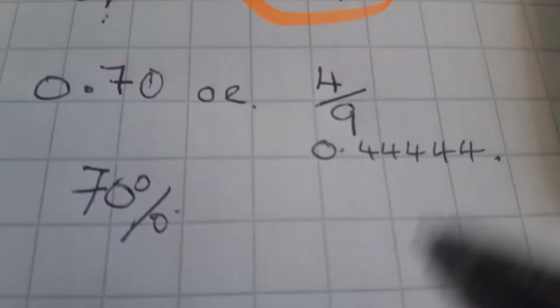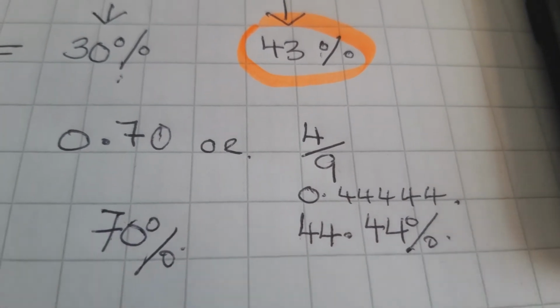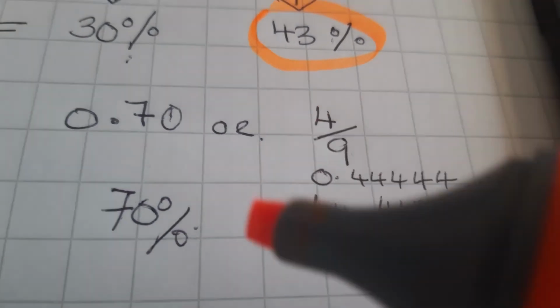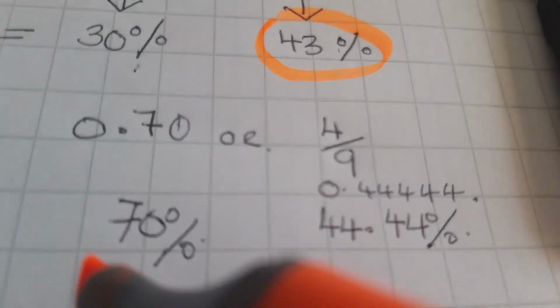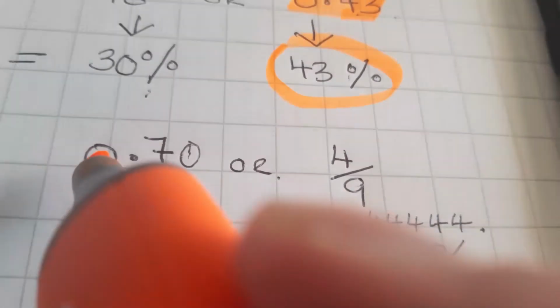So we're going to write our answer down as 44.44%. So now we look, 4/9 is this answer. This answer, however, is bigger, so 0.7 was the bigger value.